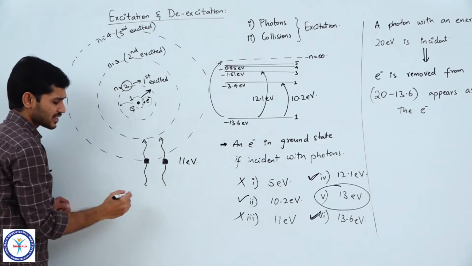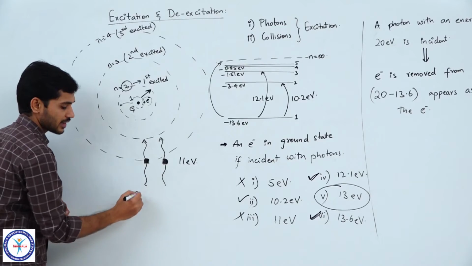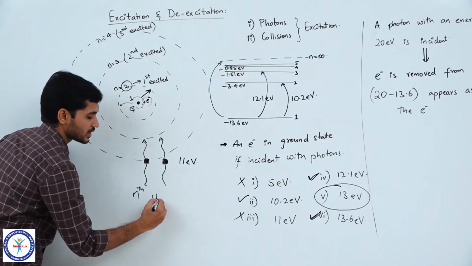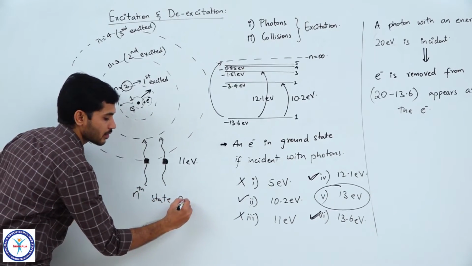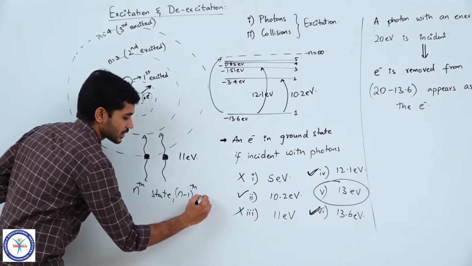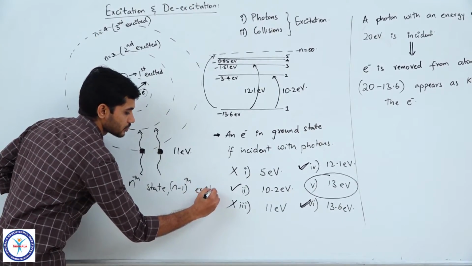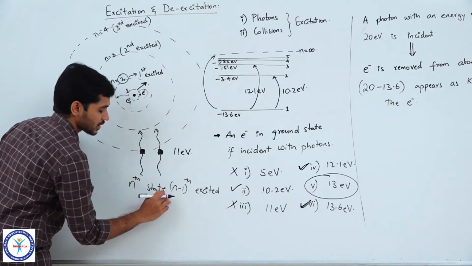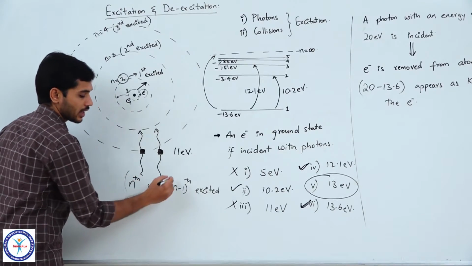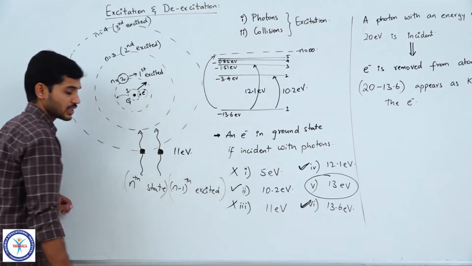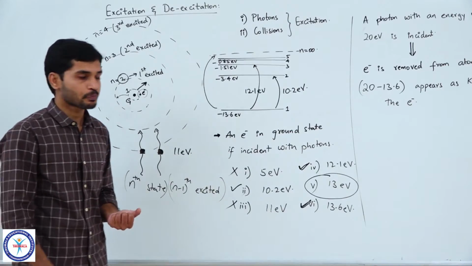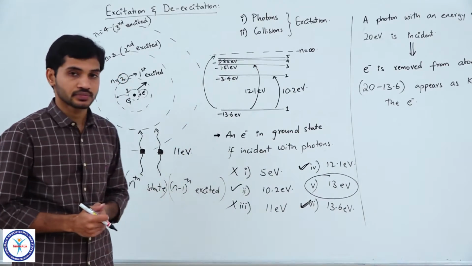So you can generalize this and say that the nth state basically means the (n minus 1)th excited state. So both are one and the same. Okay, so that is about excitation.